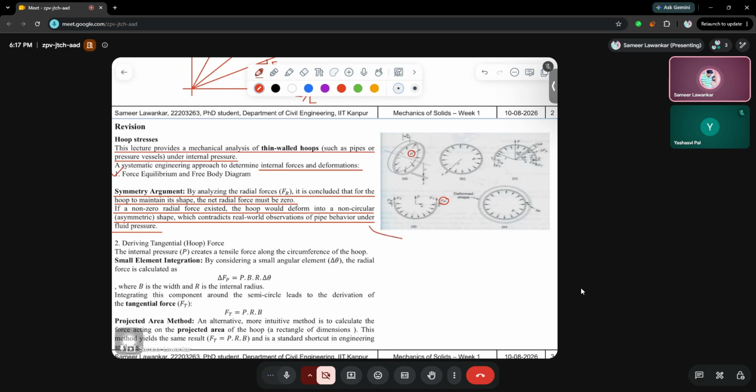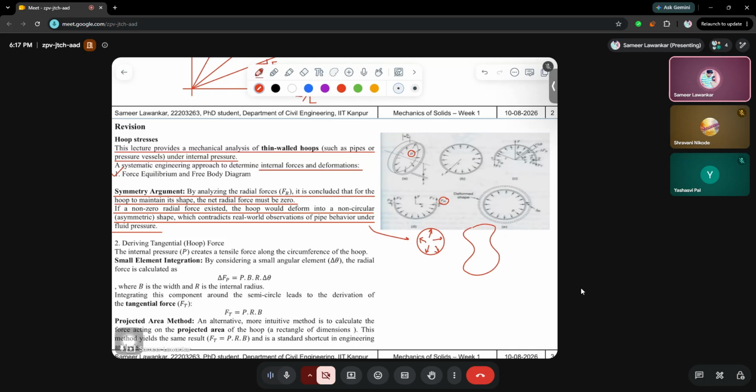That means a pressure vessel or a pipe exerted upon with some pressure will not get a deformed shape in real life. That is the basic concept of the last line explained here.